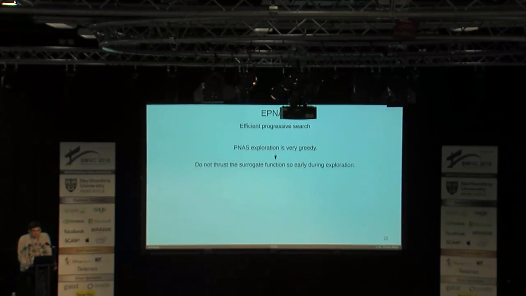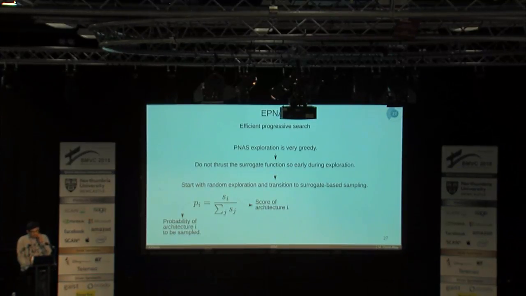But the main problem that we wanted to tackle is the intrinsic greediness of progressive NAS. We don't want to trust the surrogate function so early during exploration. So we better start with a more random exploration, so the surrogate function is able to see better how the search space behaves, and then transition slowly to surrogate-based sampling. So basically, we change the greedy top K selection of PNAS and just do random sampling based on the score of the architecture.